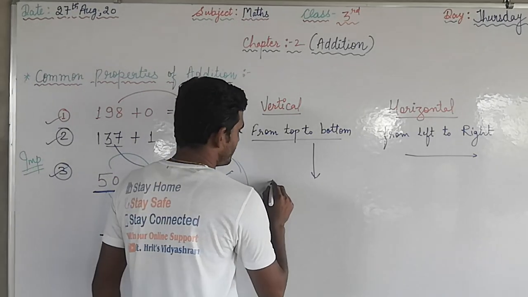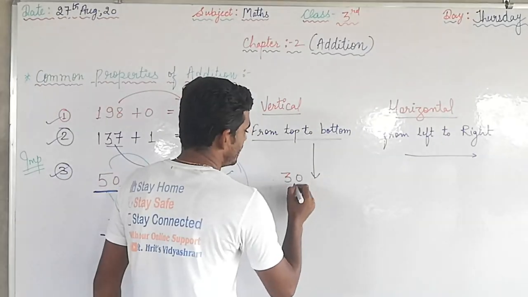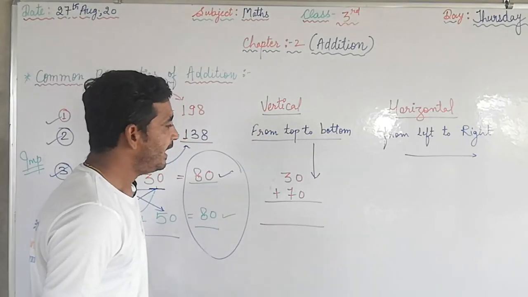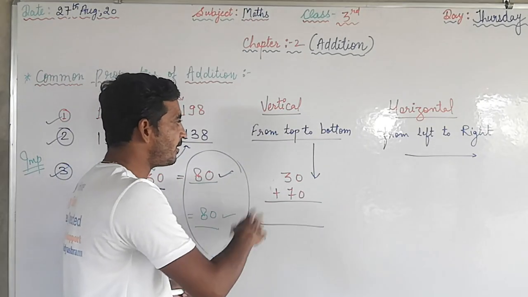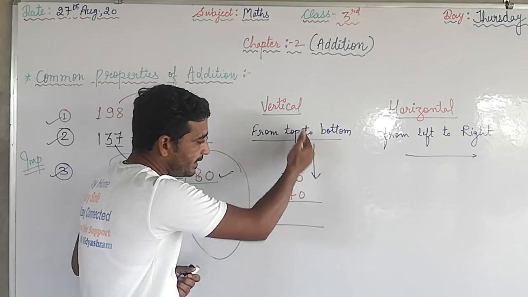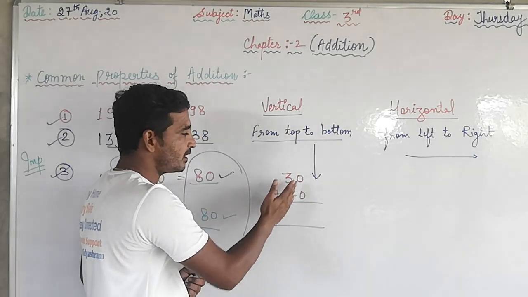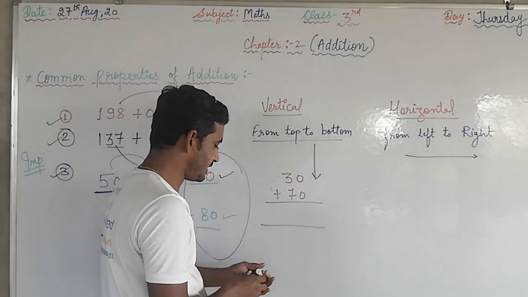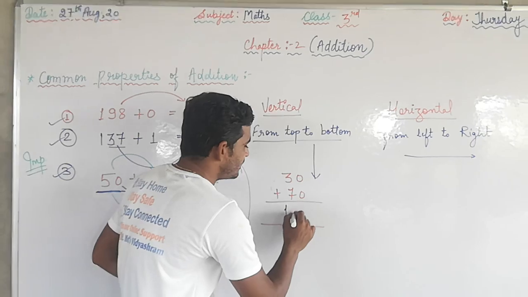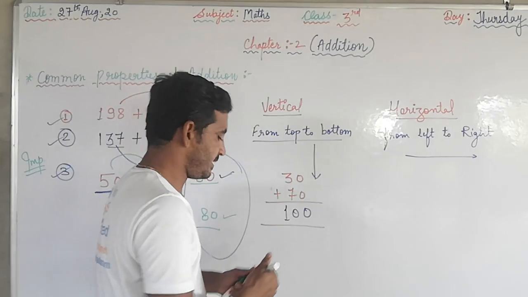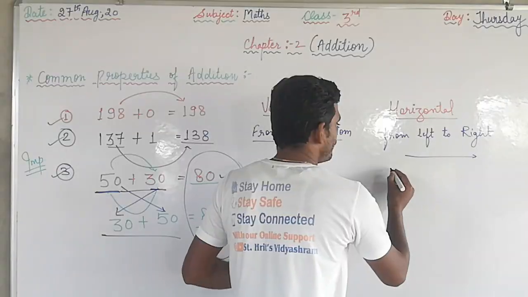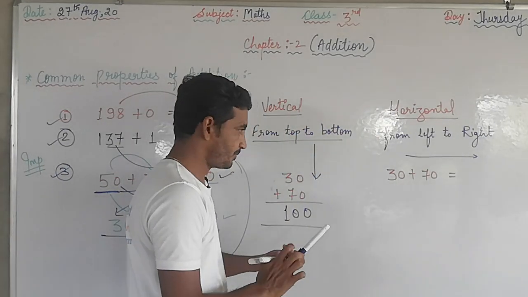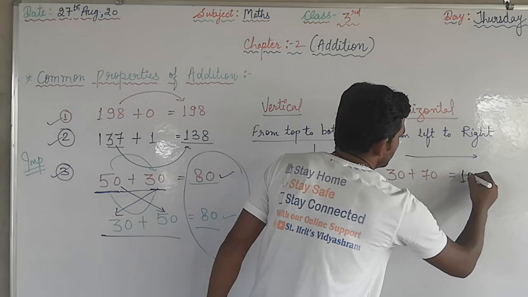See, means 30 plus 70. In this pattern we arrange our numbers from top to bottom. We arrange the numbers and add 30 plus 70, and we get our result, that is 100. But in the horizontal case we add from left to right, means 30 plus 70 is equal to 100.